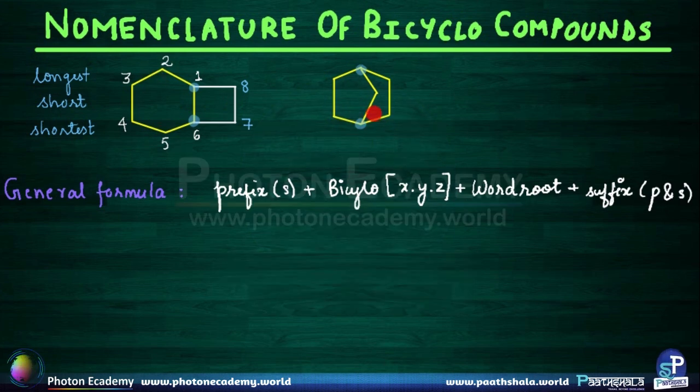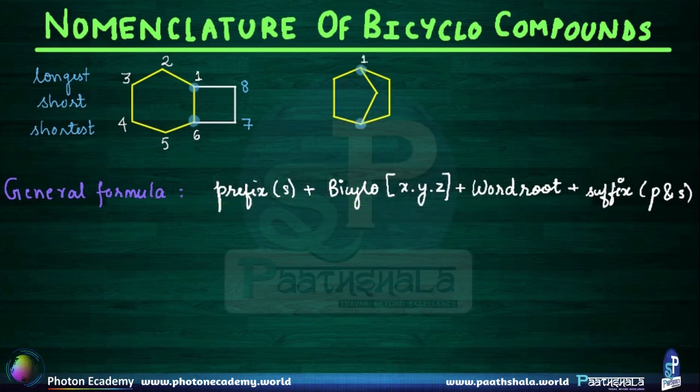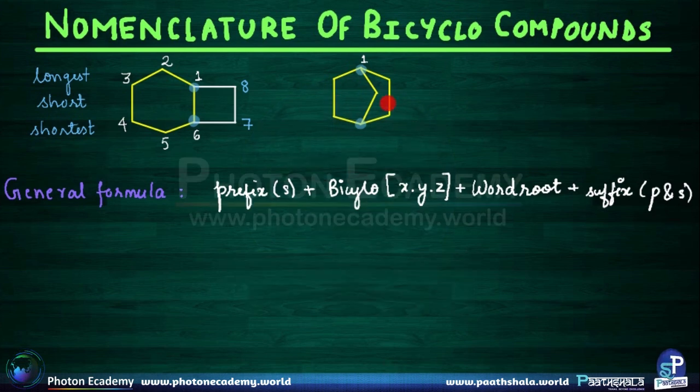Let's do the numbering for this compound also. This compound is also symmetrical, so I can give number 1 to any of these common carbons. I'll number this carbon as my first carbon. Then see, there are three ways in this example also to reach this carbon atom. This is the longer one, and these two paths are identical, so you can say this is longest, this is short and this is shortest.